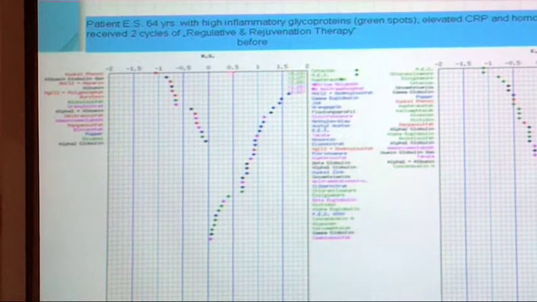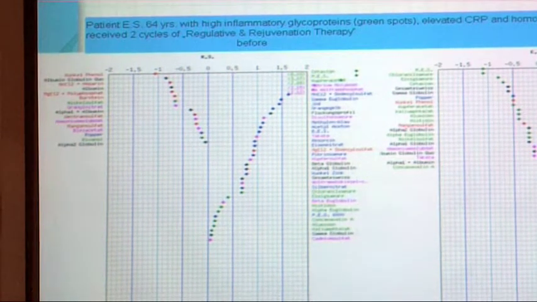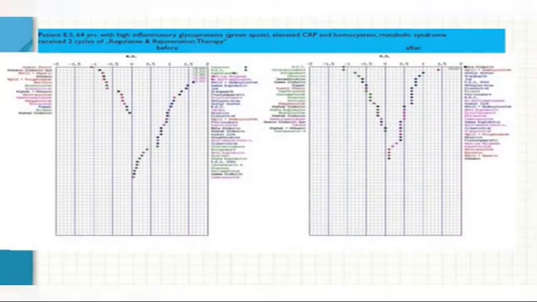So from 0 to 0.5 or minus 0.5, this is the standard range, which is normal. All dots in here are normal compared to a patient of the same age and same gender. They have more than 10 million data sets, so they know exactly what's normal and what is increased or reduced.